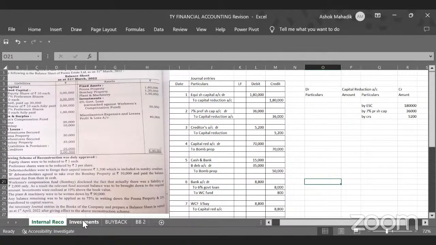Okay. In case of final accounts, normally they will be asking all the schedules and different heads which are there in the balance sheet and income statement. So you must be well aware.